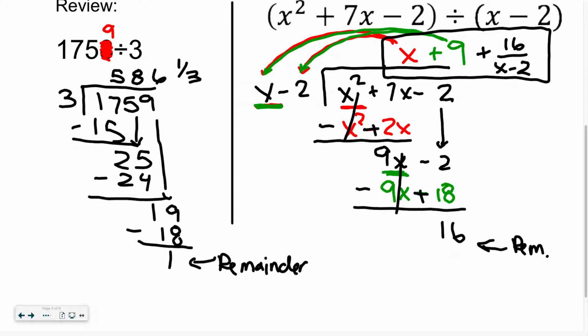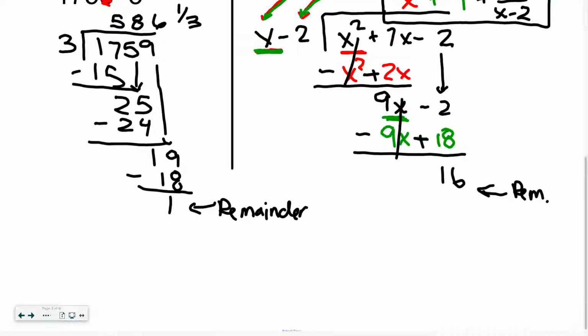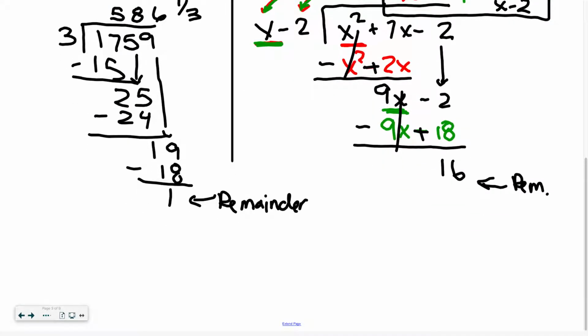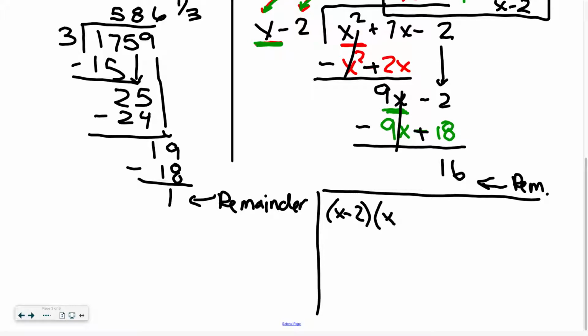You don't have to do this. I'm just going to show this. So x minus 2 times, what was my answer? X plus 9 plus 16 over x minus 2. Is that right? Okay. If I multiply those things together, I should get x squared plus 7x minus 2.